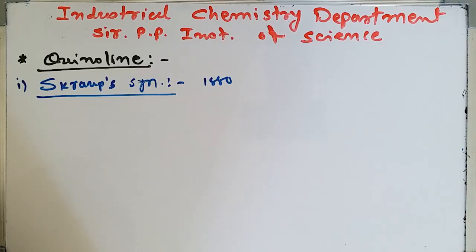So we see the synthesis of quinoline, which is known as Skraup synthesis. First of all, we treat glycerol, CH2OH, CHOH, CH2OH, with concentrated sulfuric acid, H2SO4.